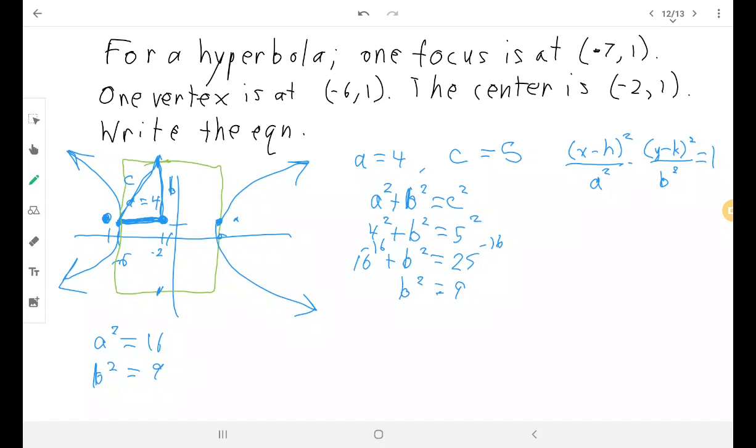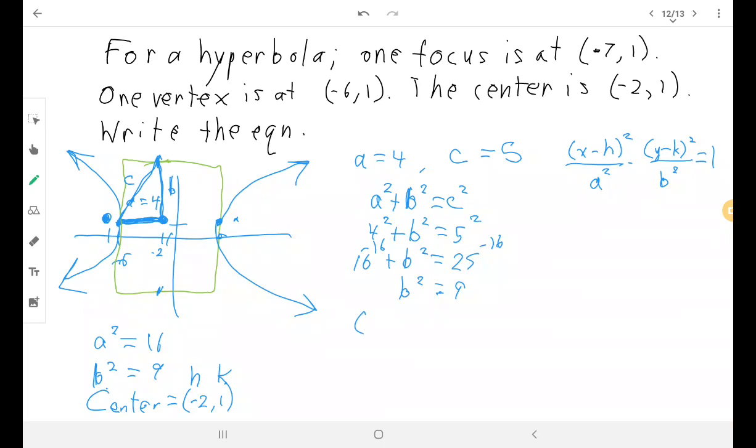So that's the equation that I need to use. And now I have all the information. I have my center right there telling me h and k. So my center is negative 2, 1. And so there's all my relevant information. H and K are right there.